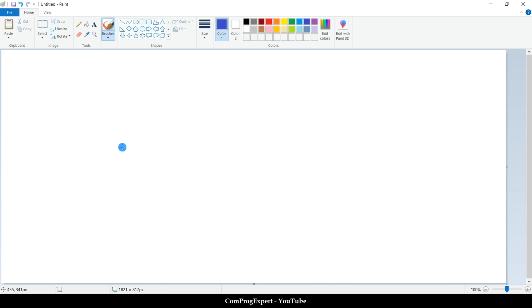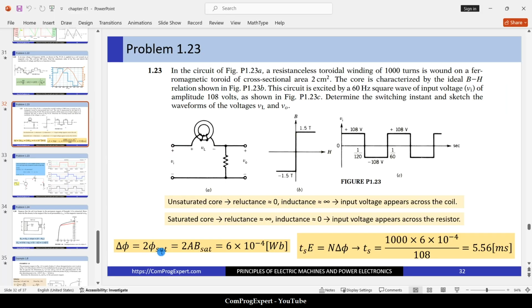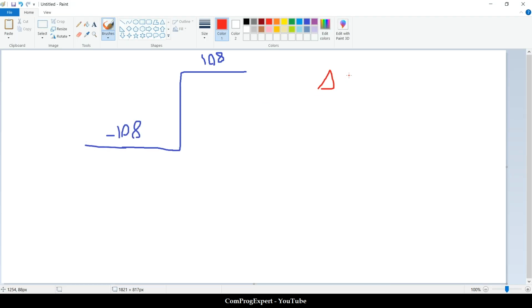Suppose we have this jump from negative 108 to 108. In this case that we have this jump, the value of the change in the flux is equal to this one. The value of the change in the flux is 2 times phi saturation.